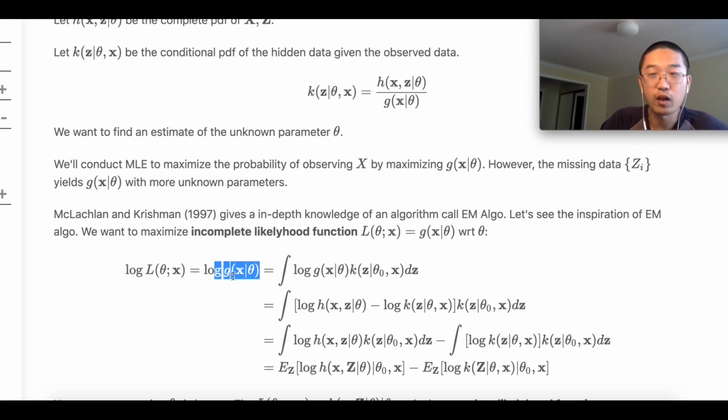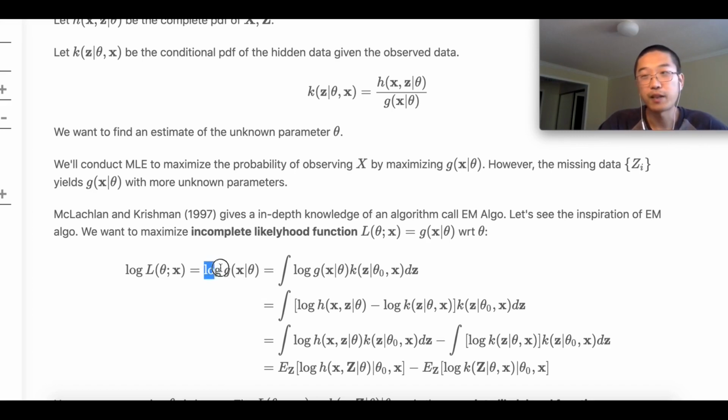If this is a continuous density function, then we are trying to maximize the instantaneous probability of observing exactly those samples. If it's a discrete random variable, that would be the probability of observing those specific values. So we're trying to maximize that by finding the value that maximizes the function g.